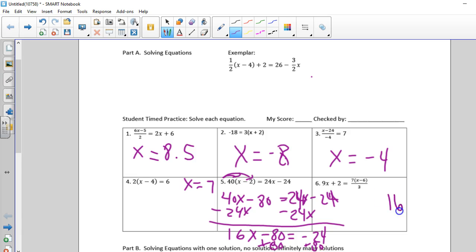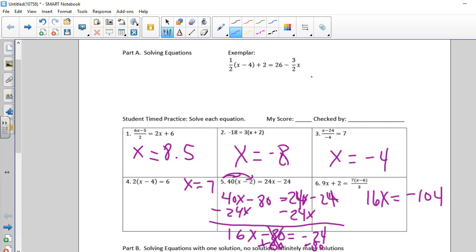That gives me 16x equals, because negative 80 plus 80 goes to 0, and negative 24 plus 80 is negative 104. Whoops. Well, let me see if I can learn how to write on your smartboard. 16x equals negative 104.